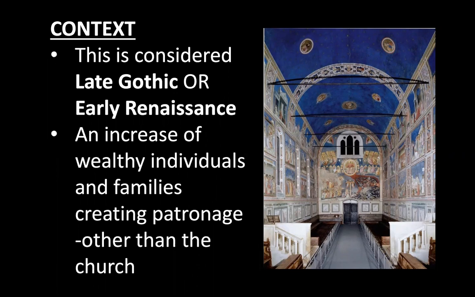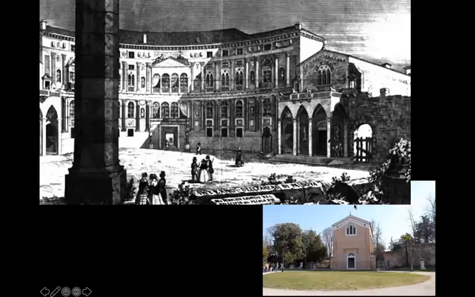So instead of the church commissioning and being the patron of the arts, we see wealthy families. We need to know that a family paid for this church to be created for a very specific reason. We'll talk about what that is.